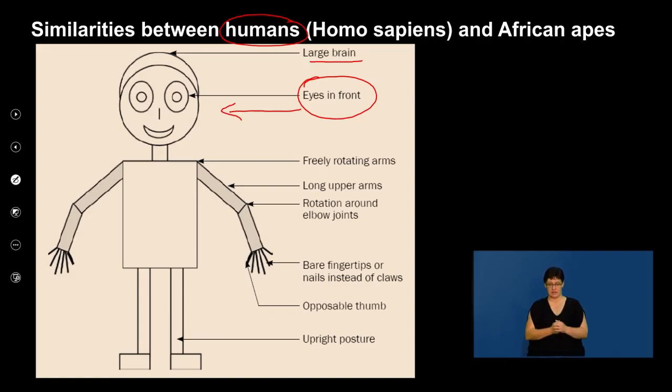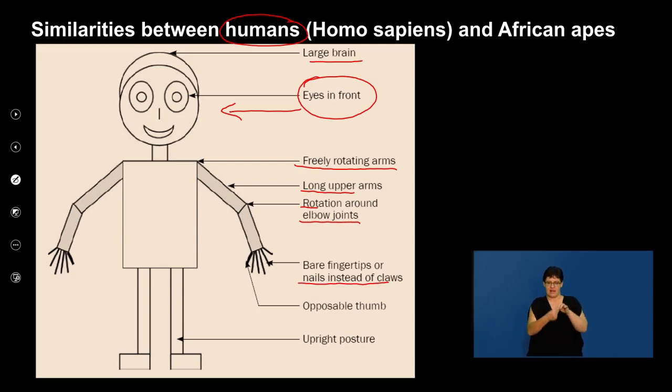We have freely rotating arms, and you're able to rotate your arms and move them. We have a long upper arm, and we have the ability to rotate the elbow at the joint. We also have fingertips which are covered with nails instead of being covered with claws.